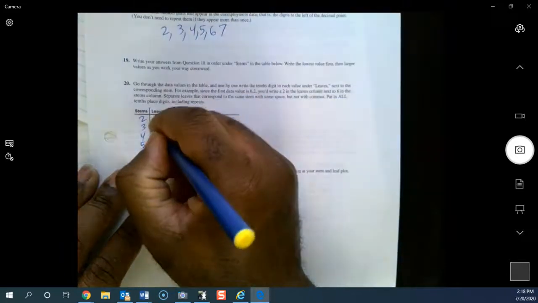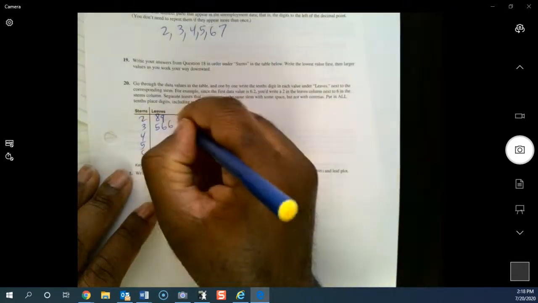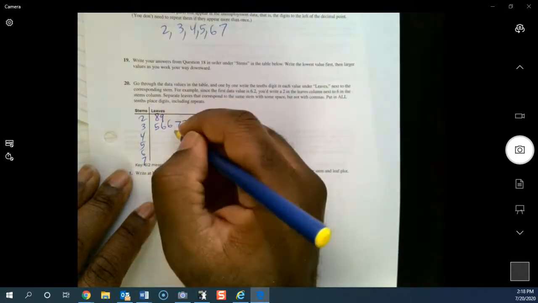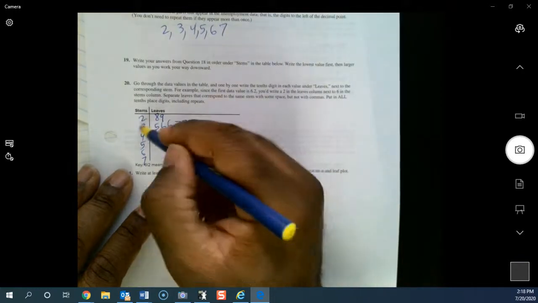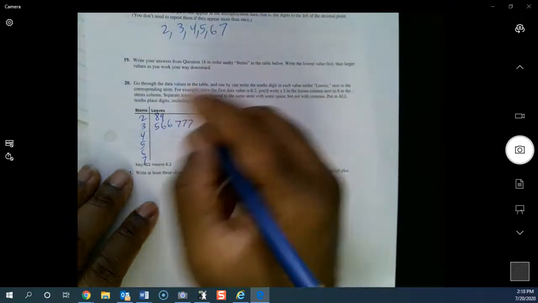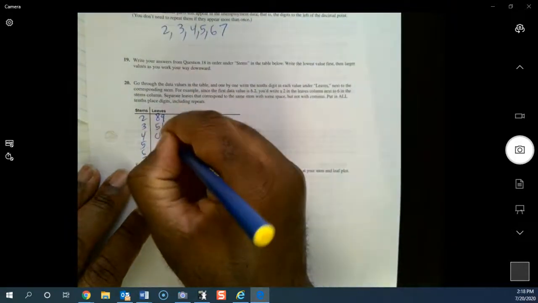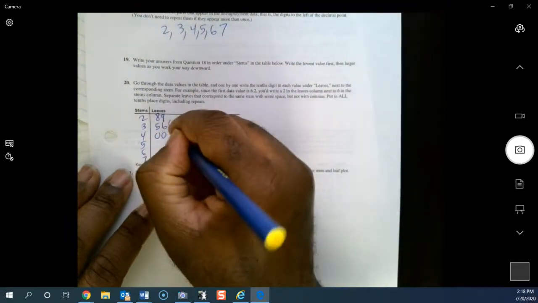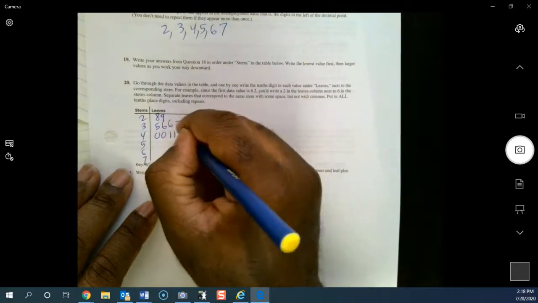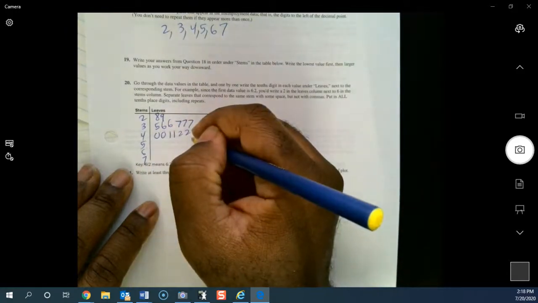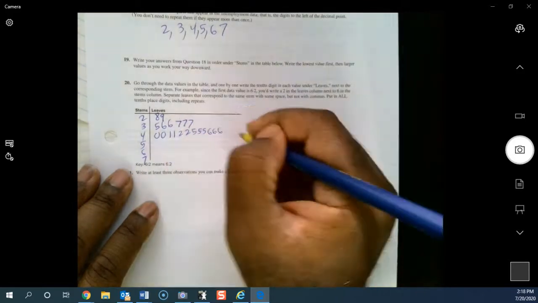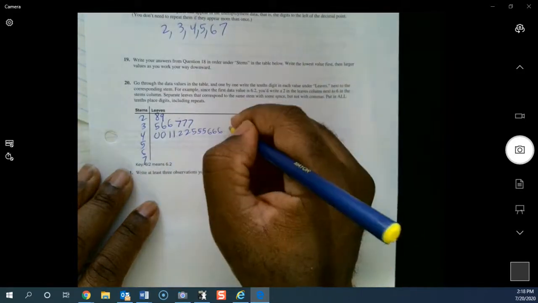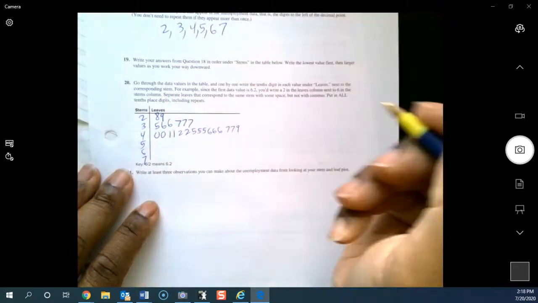So this would be 5, 6, 6, and then 3 7s for the 3s. So that's the same as saying 3.5, 3.6, 3.6, 3.7, and so on. Now 4, you add 2 zeros, 2 1s, 2 2s, 3 5s, 3 6s, 2 7s, and a 9.